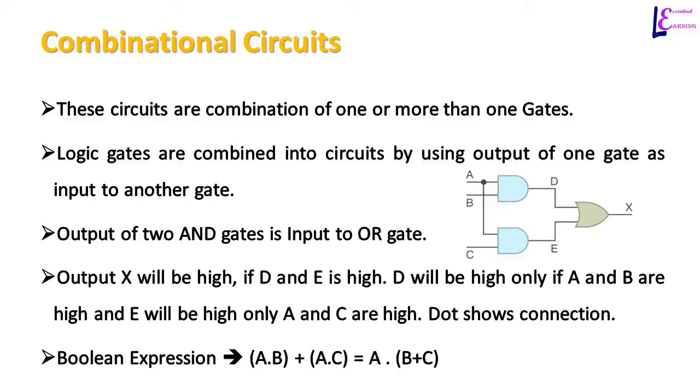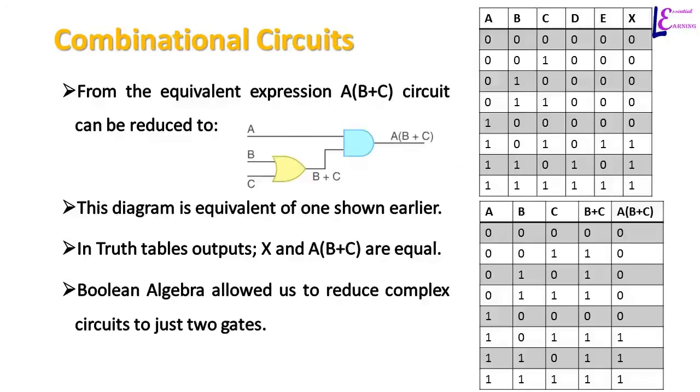Boolean expression for this circuit will be A dot B plus A dot C, or we can read it as A and B or A and C. Using rules of Boolean algebra, this expression can be reduced to A dot (B plus C) by taking A as common factor in both AND operations.